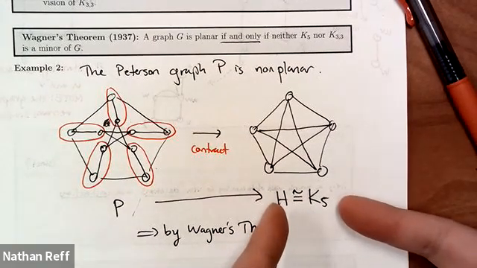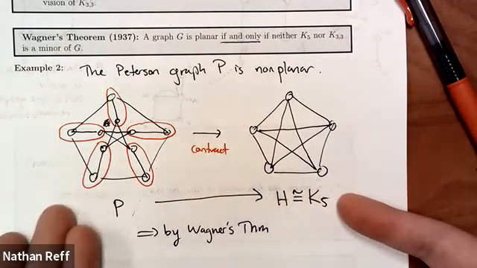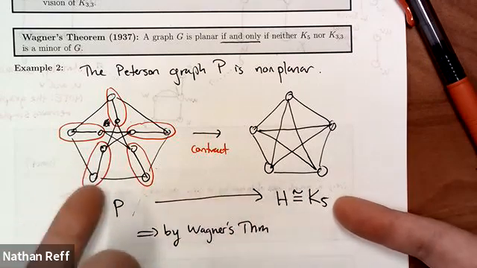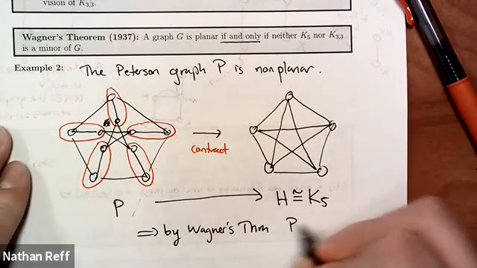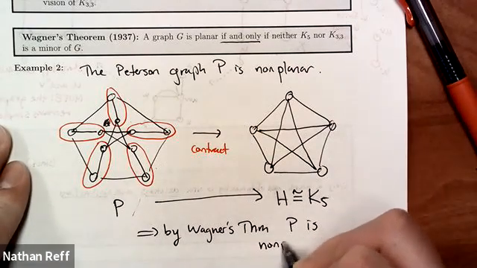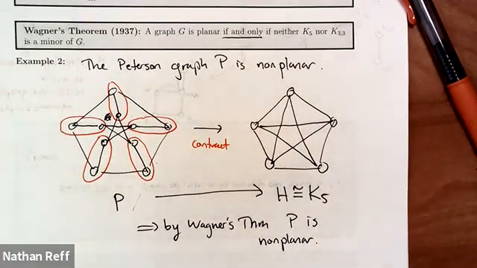Do you guys agree? Because I produced it via contraction. So K5 is a minor of the original graph. Therefore, the original graph is non-planar. Kind of cool, huh?